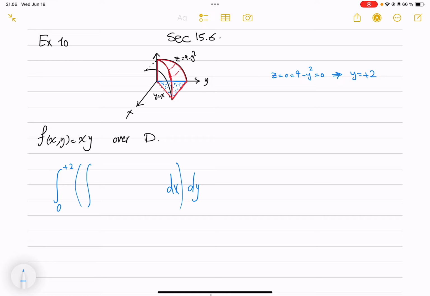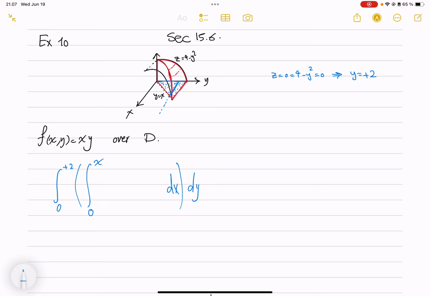So what happens to dx? When you fix a generic y, you see that the x part ranges from 0 all the way to this plane, actually to this line in the plane. We're only looking at the plane.